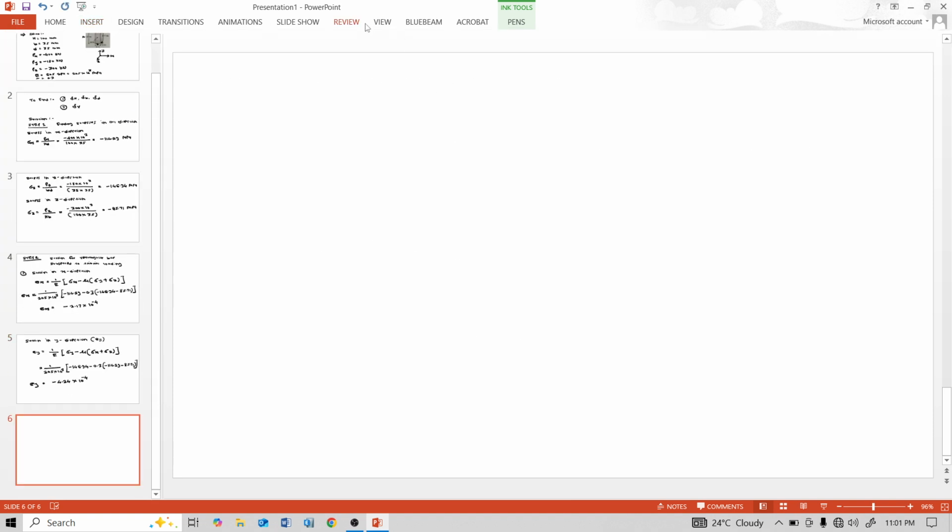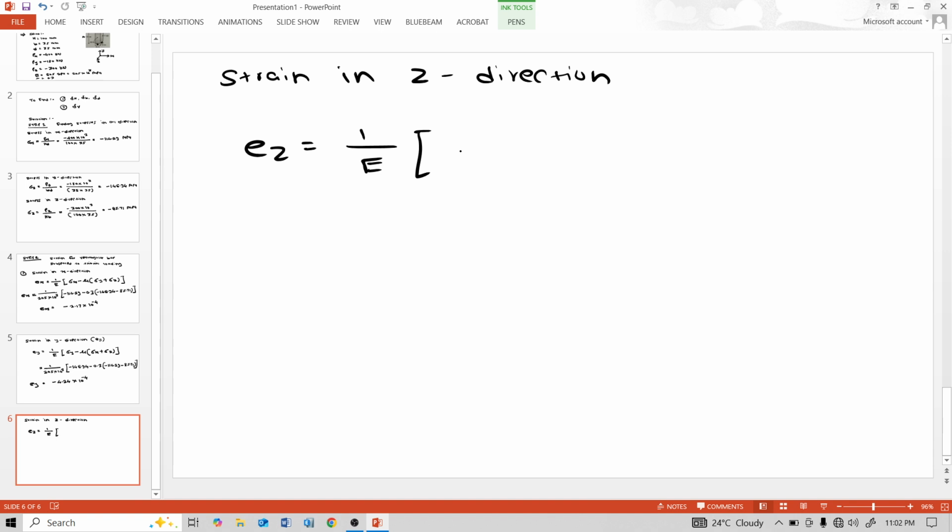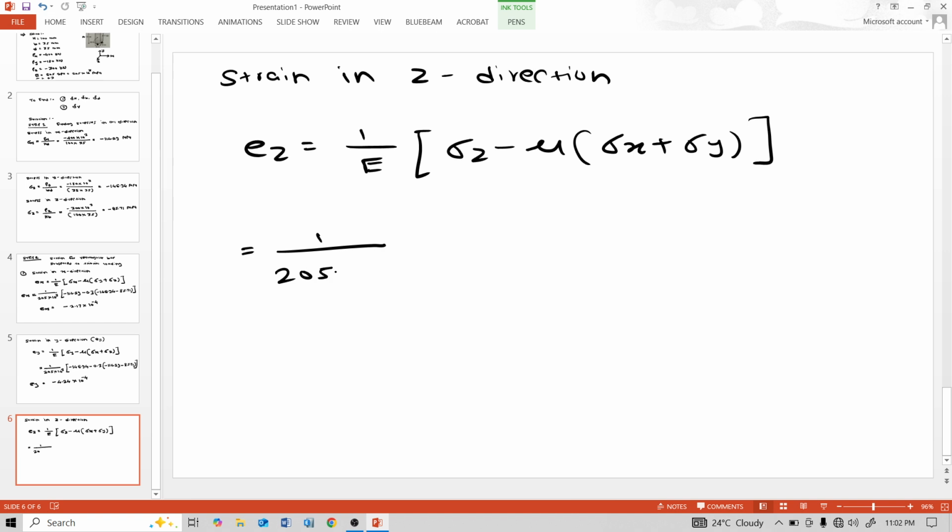Now next calculate strain in z direction. Strain in z direction, denoted by Ez, is equal to 1 upon Young's modulus multiplied by stress in z direction minus Poisson's ratio in bracket stress in x direction plus stress in y direction. 1 upon Young's modulus is 205 into 10 raised to 3.